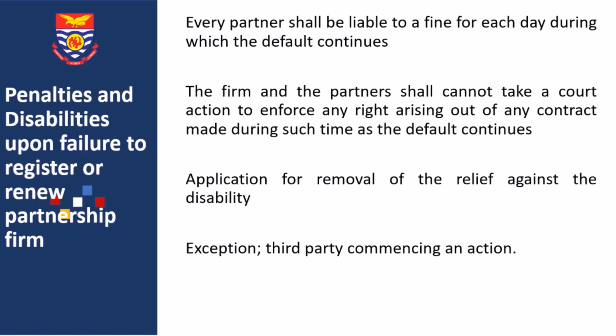You have to know that if you fail to register your partnership firm and you operate, or if you fail to renew your partnership firm when it is time for you to do so, what happens is that every partner shall be liable for a fine for each day during which the default continues.